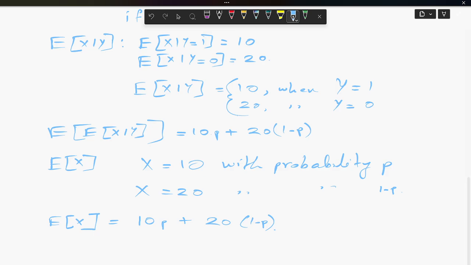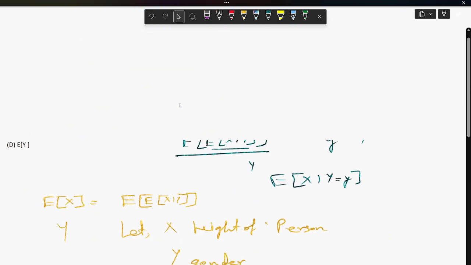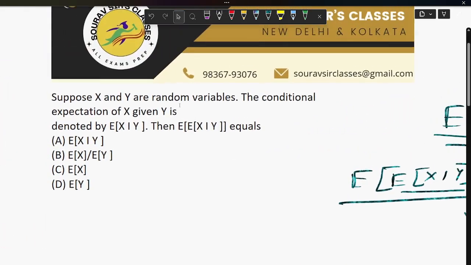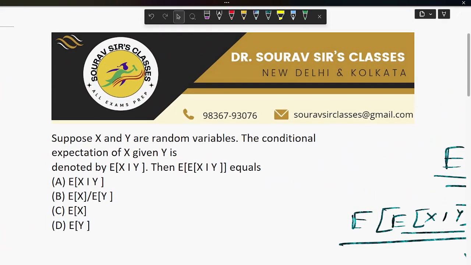From this we can easily see that E[E[X|Y]] is equal to E[X]. So among the options, A, B, and D are wrong. The correct answer of this question is option C, which says that E[E[X|Y]] equals E[X].